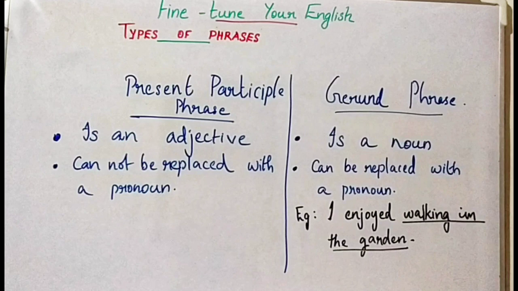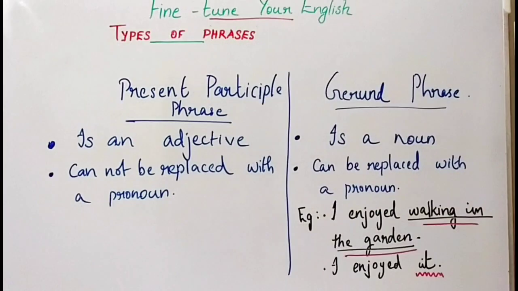I enjoyed walking in the garden. See, we can replace a gerund phrase with a pronoun. So I am going to replace the gerund phrase given here, walking in the garden, with a pronoun it. I enjoyed it. So it's clear, it's possible to replace a gerund phrase with a pronoun.